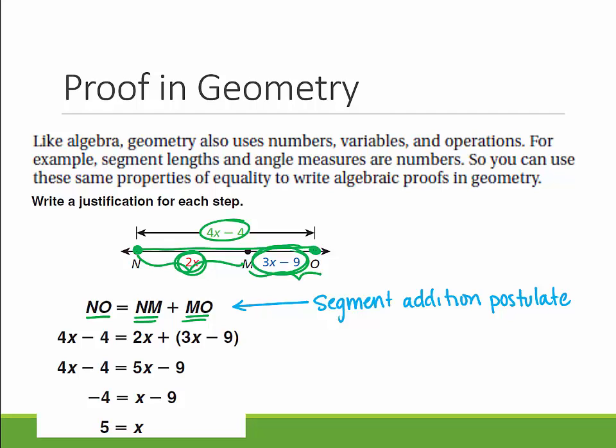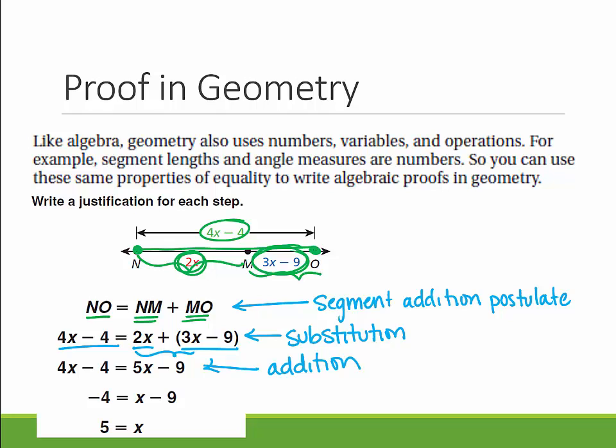And then if you notice, the next step, we replaced NO with what NO equals. We replaced NM with what NM equals, and MO with what MO equals. So this is our substitution. And then we did some simplification on this side. We added 2x and 3x together, so we have addition.